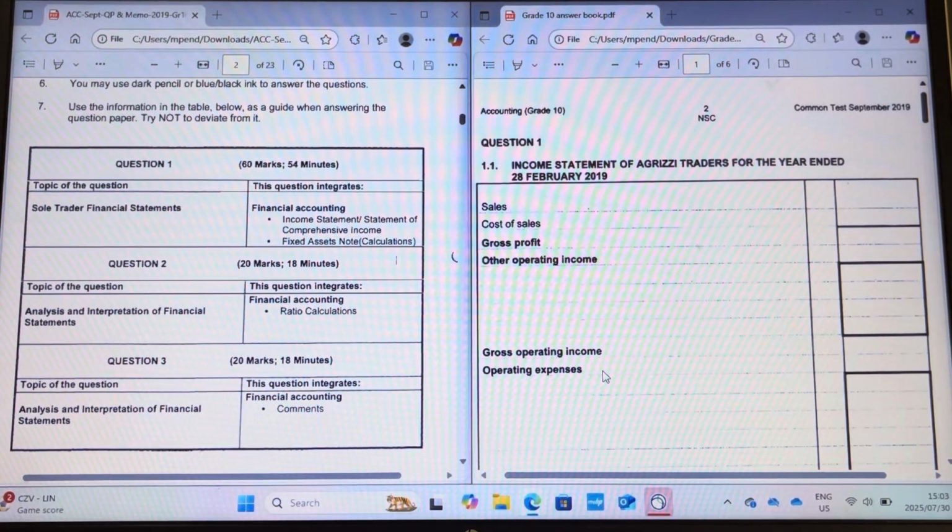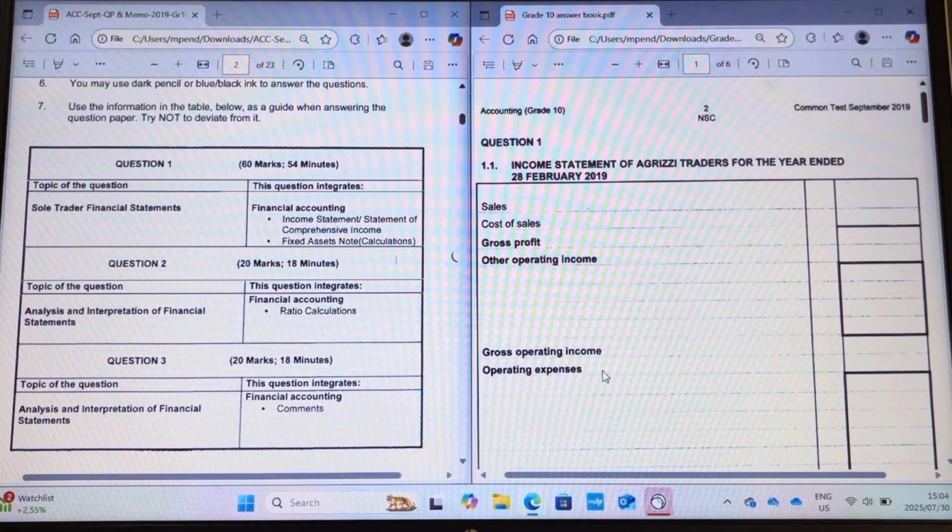And then next, they would test your ability to analyze and interpret financial statements. So that is basically your ratio calculations. You need to know your ratios at this stage, grade 10s. You need to know what goes into each ratio and what each ratio means for the company. And then finally, it is also commenting on those ratios.